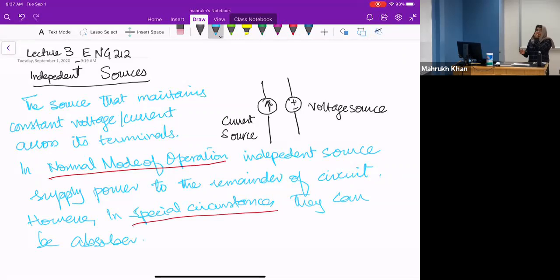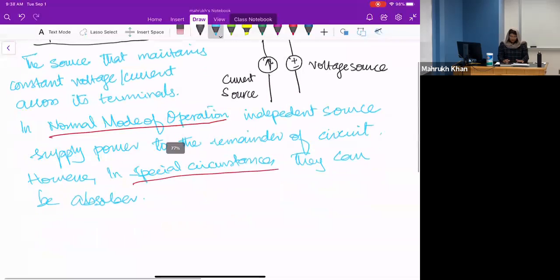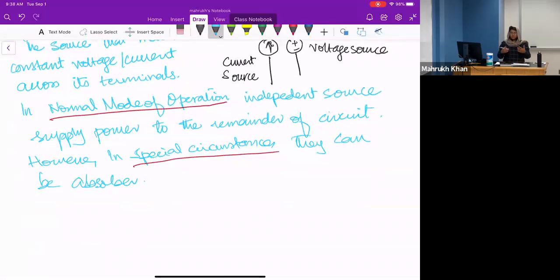Like when our car's battery dies, we have to charge it by maybe plugging another battery to it. So in that case, your source is actually absorbing the power instead of supplying it. So there are some special circumstances when your source may not be the supplier but the absorber. But most of the time, your independent source supplies the power to the circuit.